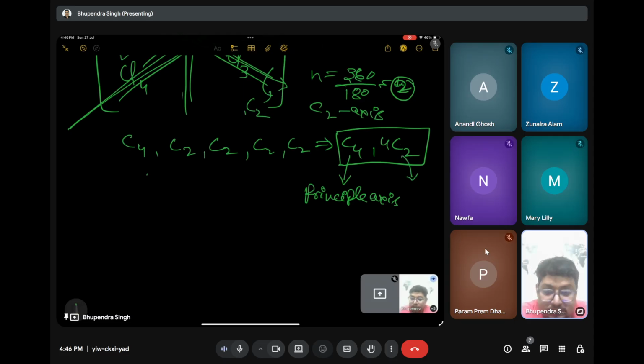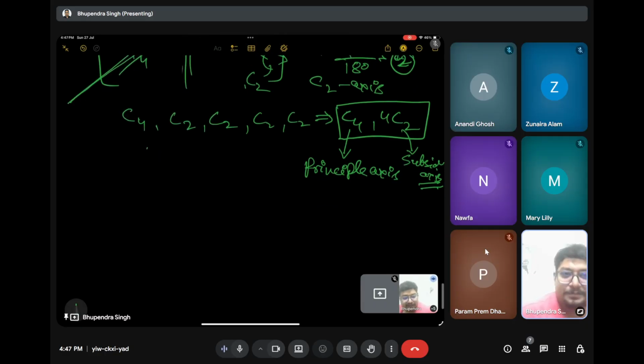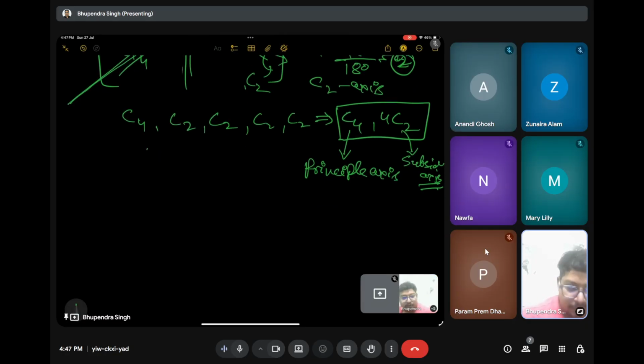These 4 C2s are subsidiary axes. I believe till now you are able to determine the axes of symmetry and the principal axis of that molecule.